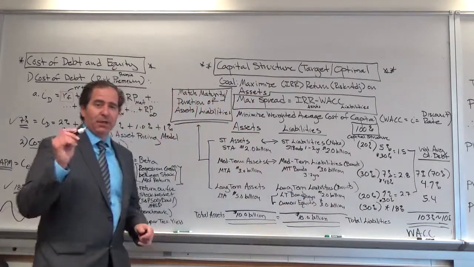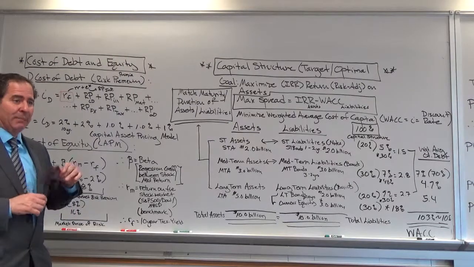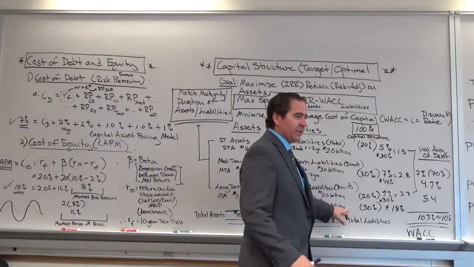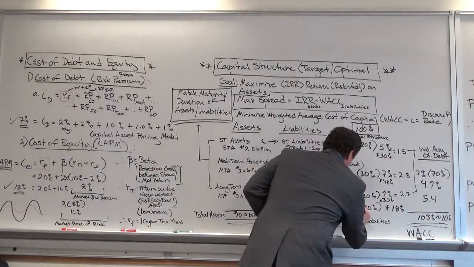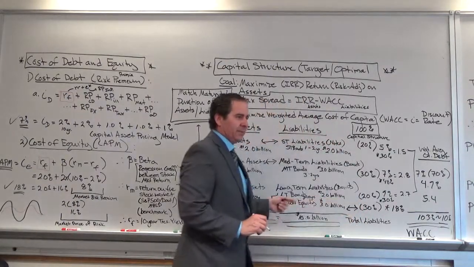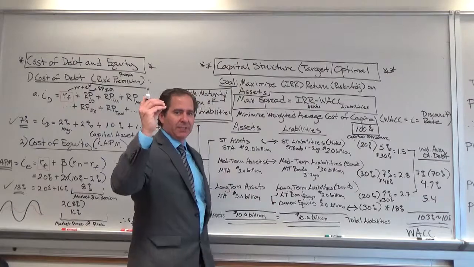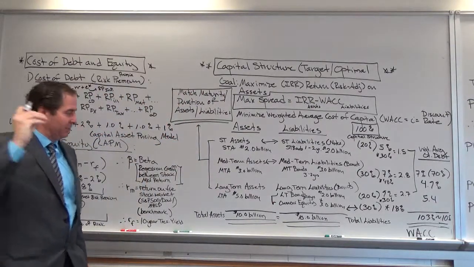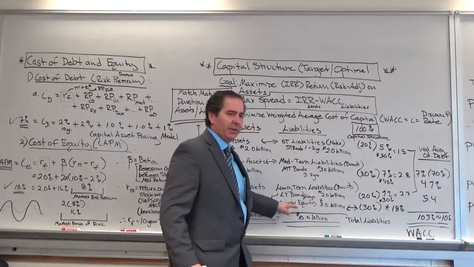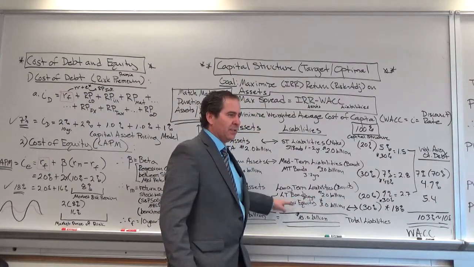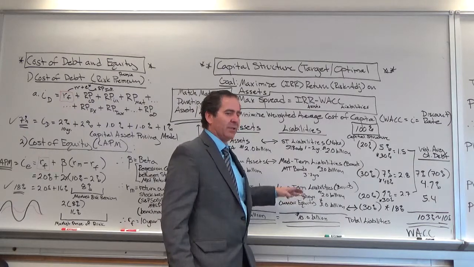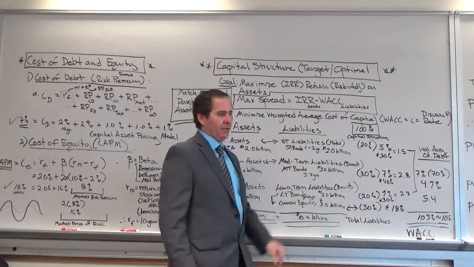Now, a typical firm's capital structure looks like this. 30% is financed through owner's equity, either on a book value basis or a market capitalization basis, which means the shares outstanding times the price gives me the market capitalization, or the market value of the stock.